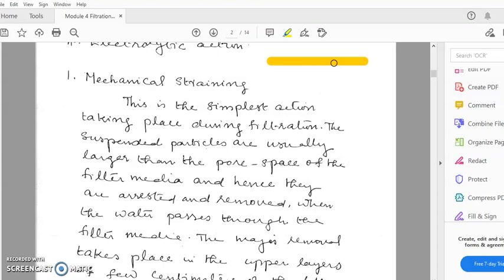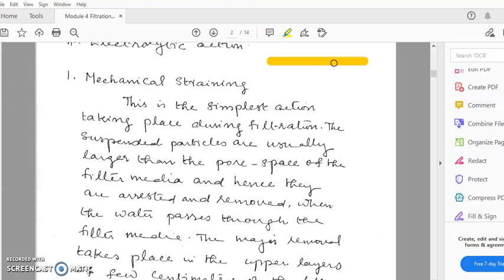Here also the simplest action is nothing but the mechanical straining. Here what is that mat or the strainer? That is nothing but the sand bed.